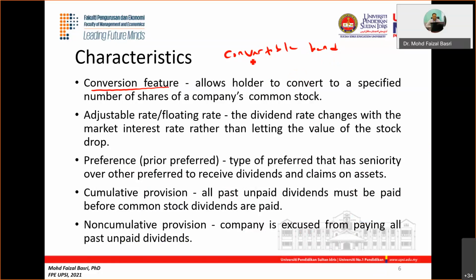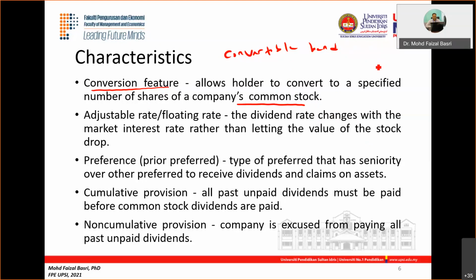Similarly, preferred stocks might have conversion features as well, which allow preferred stockholders to convert their preferred stocks into common stocks. When they convert, obviously there are pros and cons between the types of investment, just as there is a difference between bonds and common stocks.